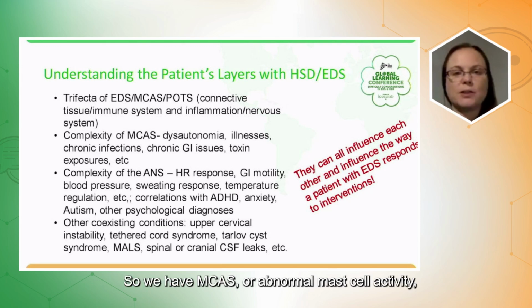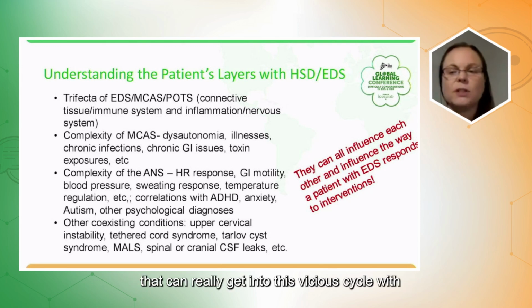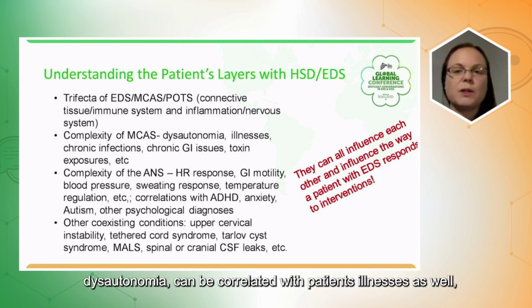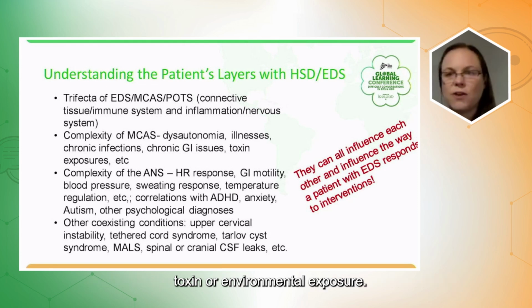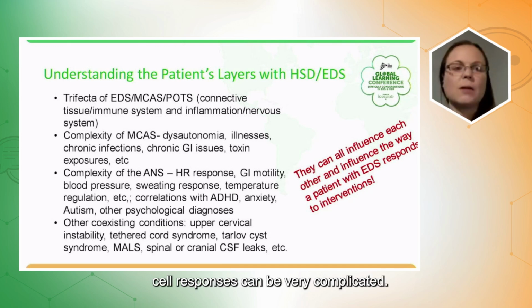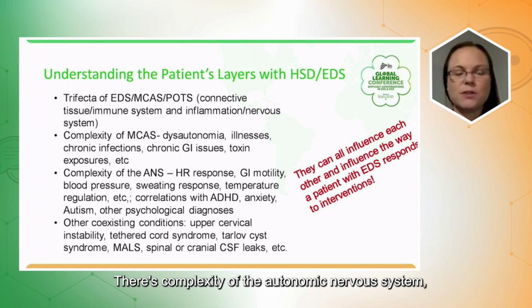So we have MCAS, or abnormal mast cell activity, that can really get into this vicious cycle with dysautonomia. It can be correlated with patients' illnesses as well: chronic infections, chronic GI issues, toxin or environmental exposure. So in and of itself, mast cell responses can be very complicated. There's the complexity of the autonomic nervous system.